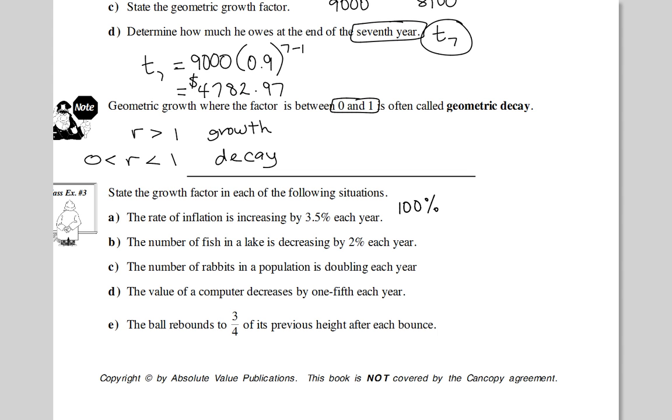What's the decimal for 100%? 1. What happens when you multiply by 1? Nothing happens, right? So you'd stay the same. So if we wanted to increase, we'd have to add 3.5%. So that would be 1 plus 0.035. 1.035 is your growth factor. That's your growth factor that we'd call R.